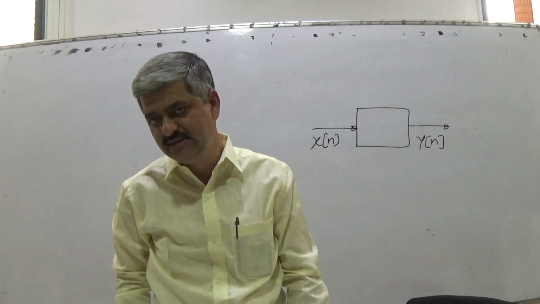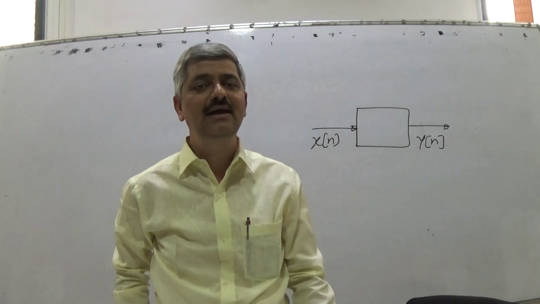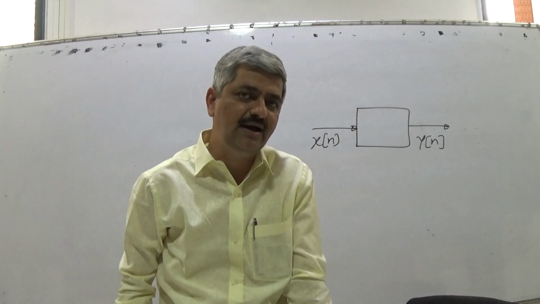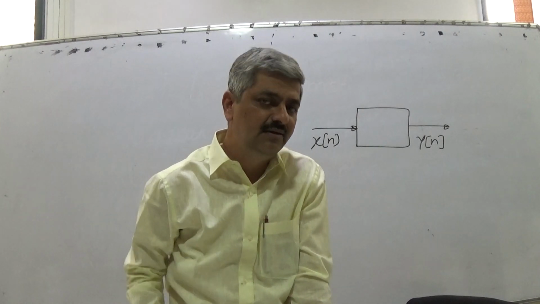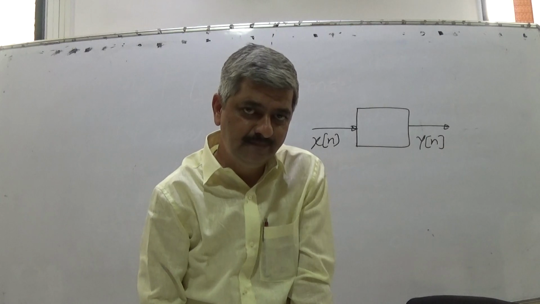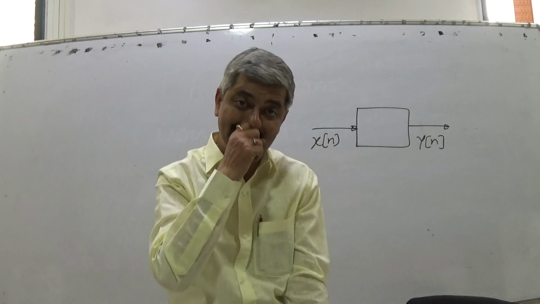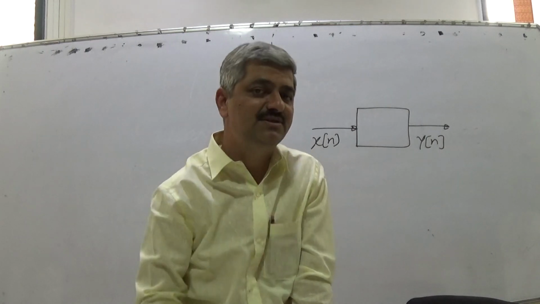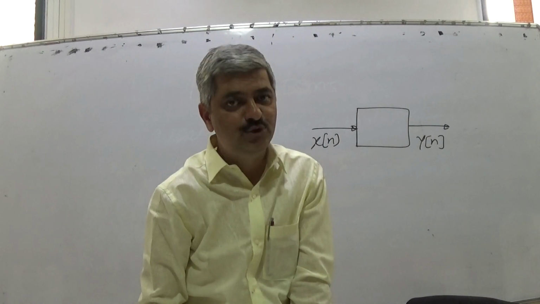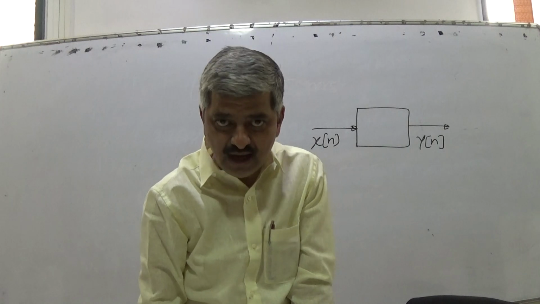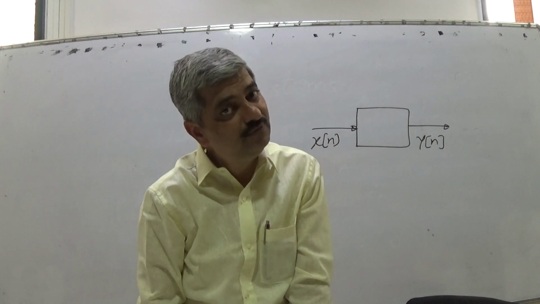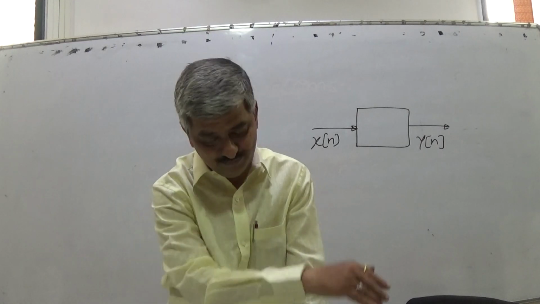A linear system means, I will give a simple example: for a system, if I apply some input multiple times, I should get the output multiple times. If I apply input 1 and input 2 as their addition, I should get output as the addition of the separate outputs.